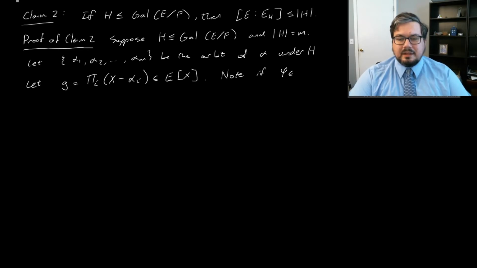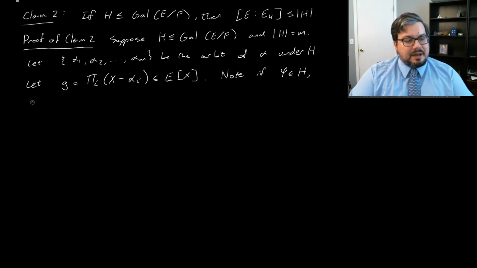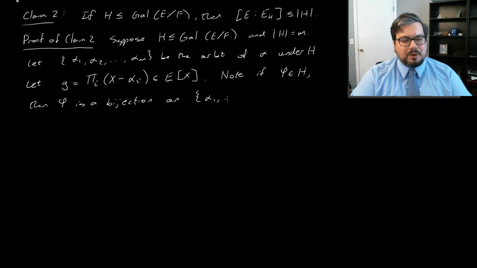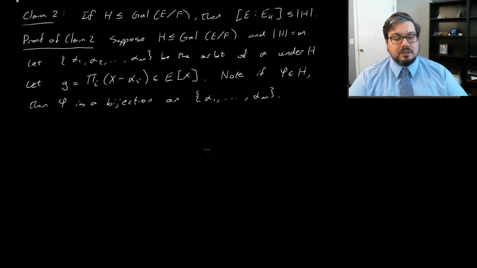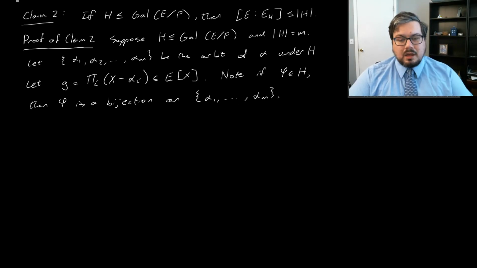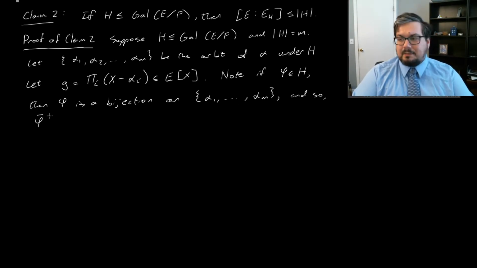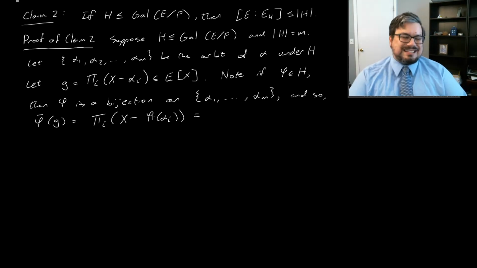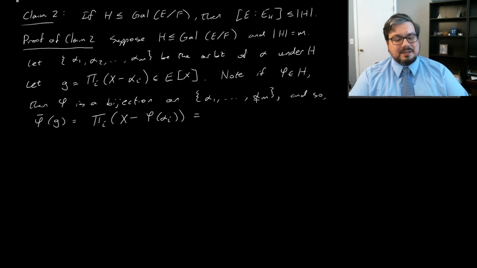If phi is in H, then it's an automorphism on E, and in particular, phi is a bijection on the set alpha 1 through alpha m, because these are the orbit under H. And so that tells us that phi bar of G, which would be the product of all the x minus phi of alpha i's, because phi is a bijection on this set, it maps each element of the set to another one.